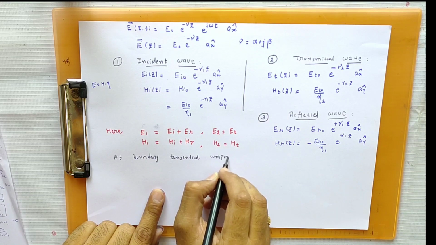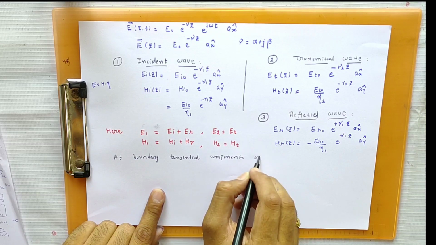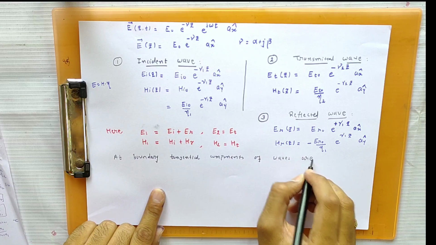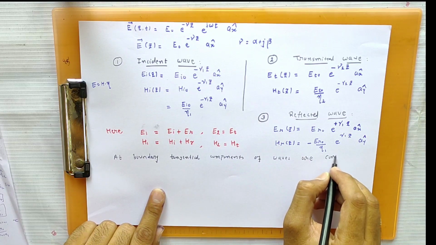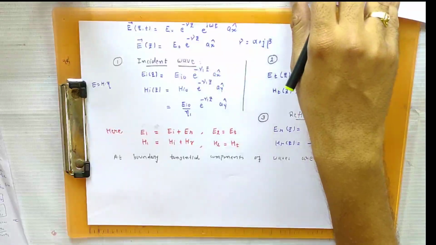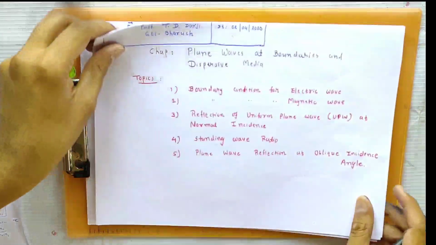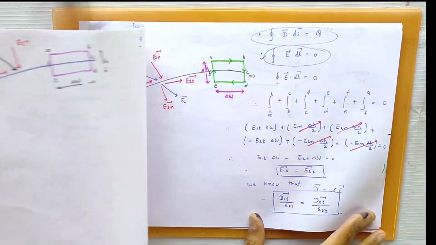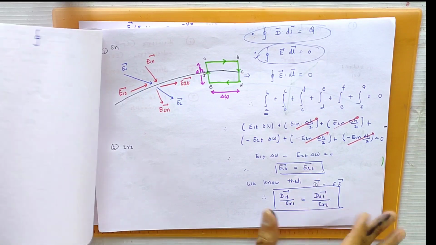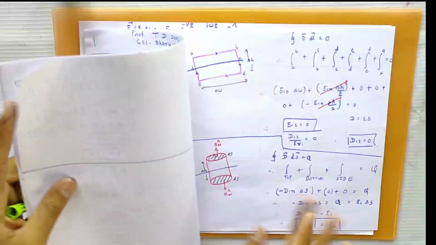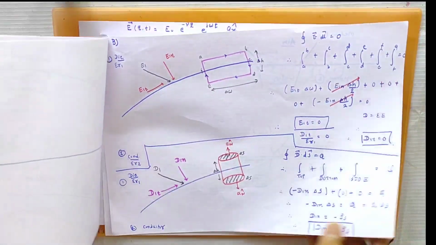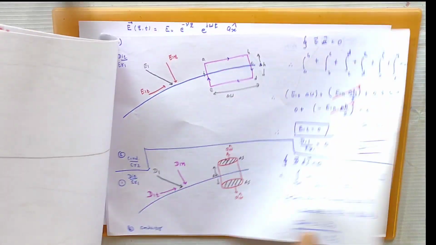The tangential components of waves are equal or continuous at the boundary. See here what we have discussed: the tangential component E1t is equal to E2t. And here also in case of the magnetic field.